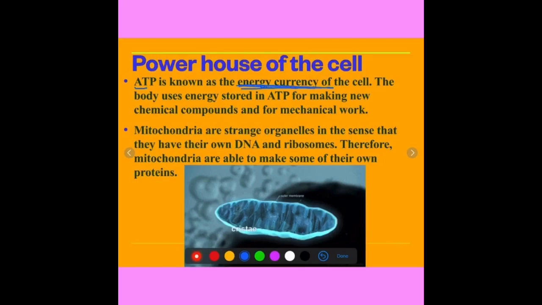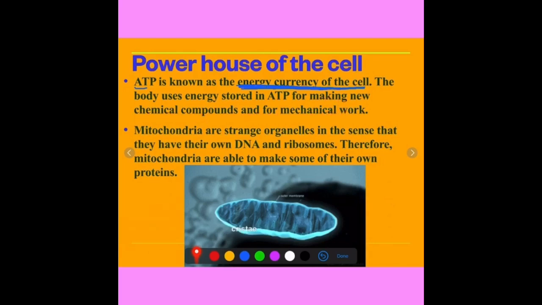What is a currency? What is the currency of India? Rupee is the currency of India. So if you want to buy a book for yourself, you need money. Similarly, if the cell has to do work, the cell body uses energy stored in ATP for making new chemical compounds.